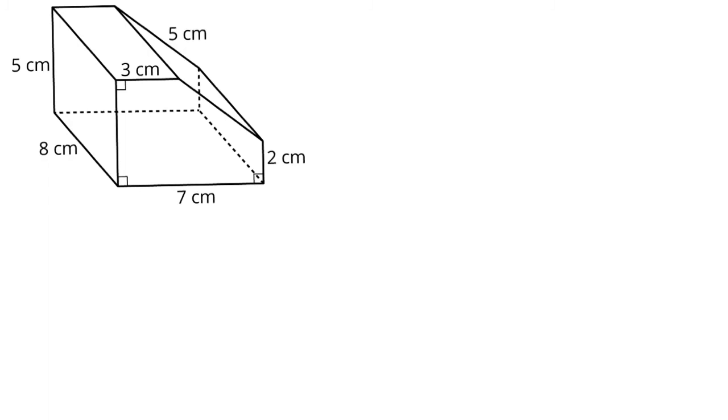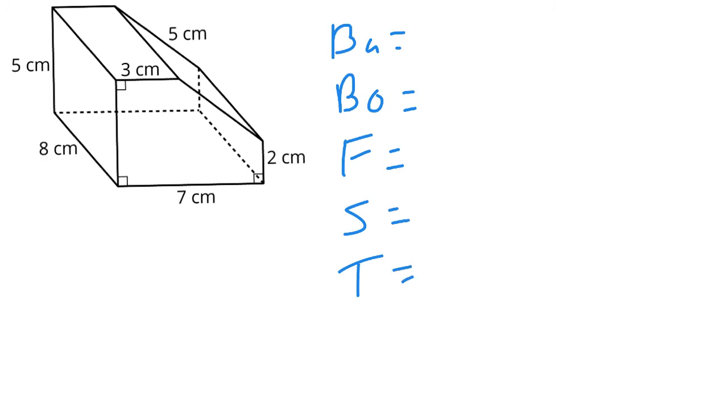Okay, so I've got the back rectangle, the bottom rectangle, the front rectangle, the slant rectangle, and then I have the top rectangle. And the dimensions are going to be 5 by 8, which is going to be 40.